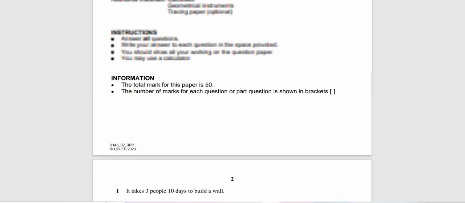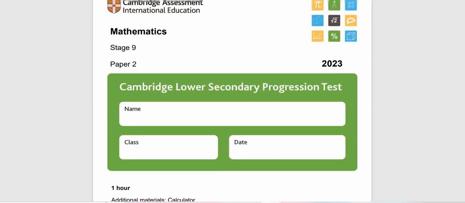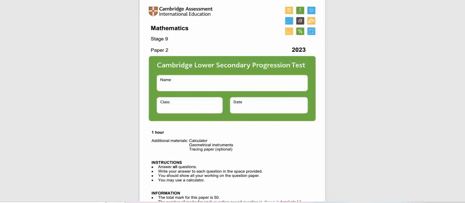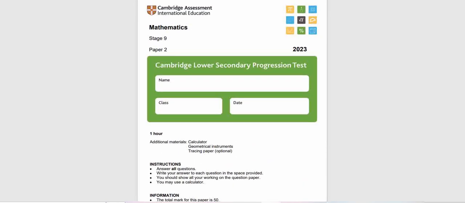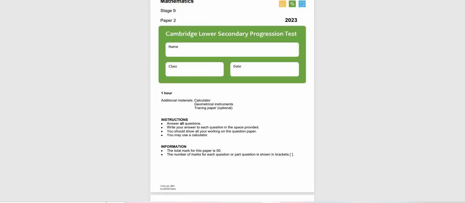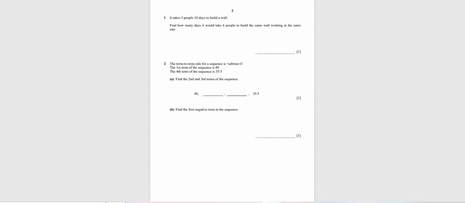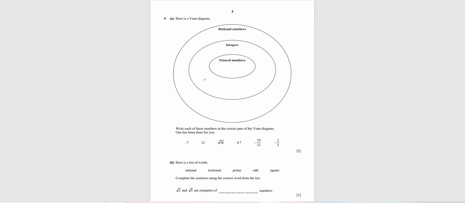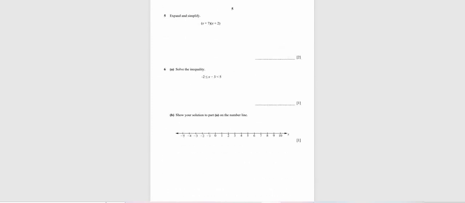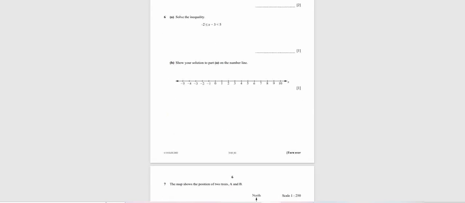This is page 2, page 3, page 4, page 5, and page 6.